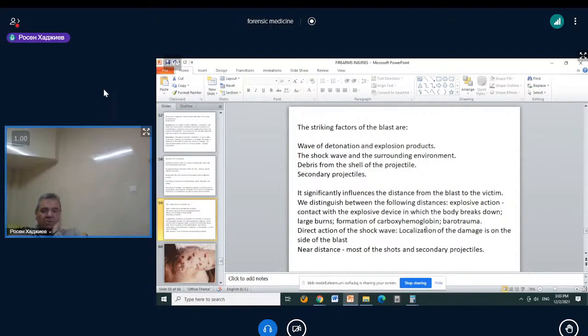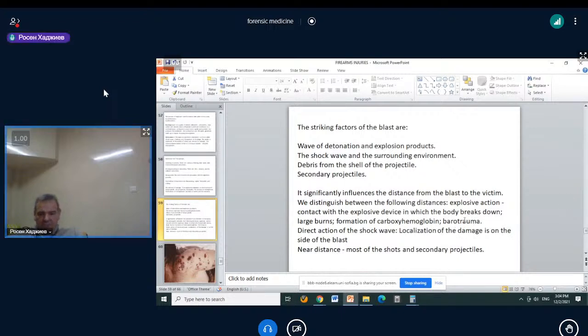We distinguish between the following distances. Explosive action, when there is close contact between the explosive and the skin or the body, in which the body breaks down completely. We'll have severe burns, formation of carboxyhemoglobin.